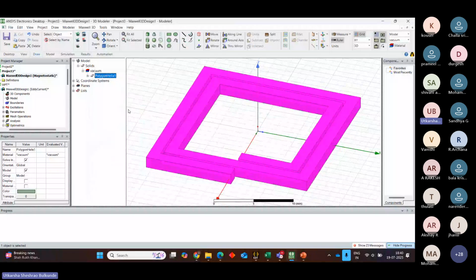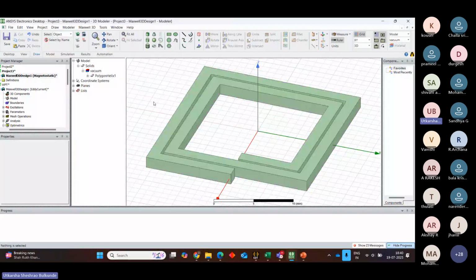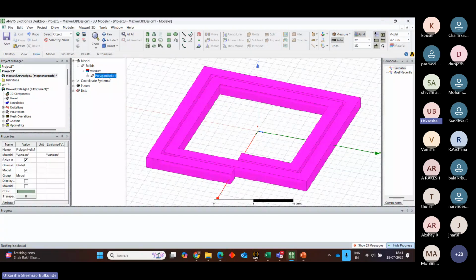This is just for example. You can get this square structure, but you cannot get a rectangle from this. You can only get a square. So what if you want to draw a rectangular coil? This option you cannot choose. So only square and circular you can make with this. Understood?